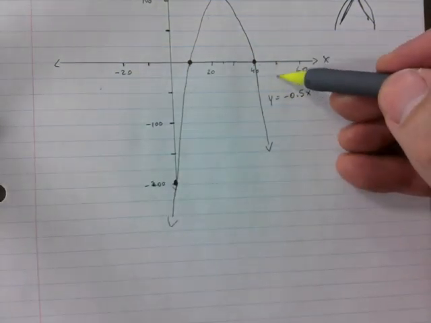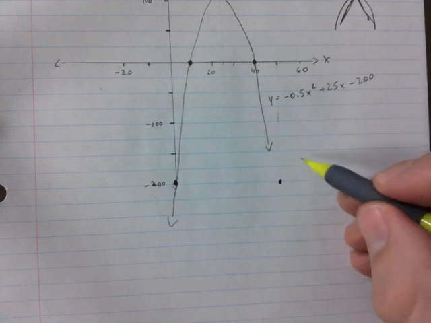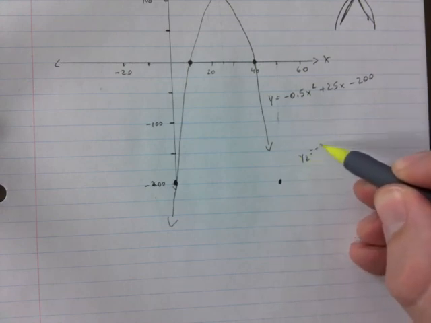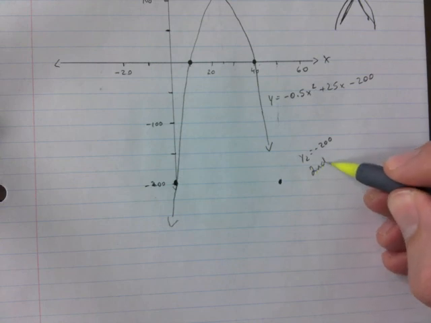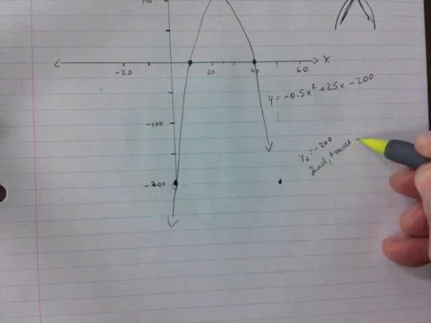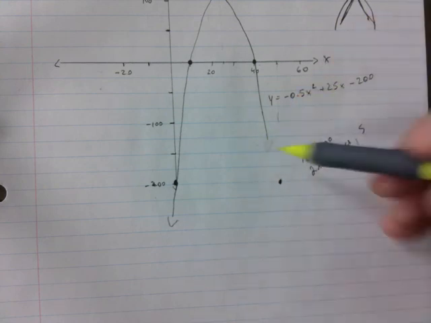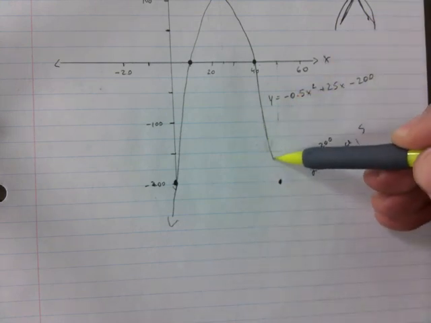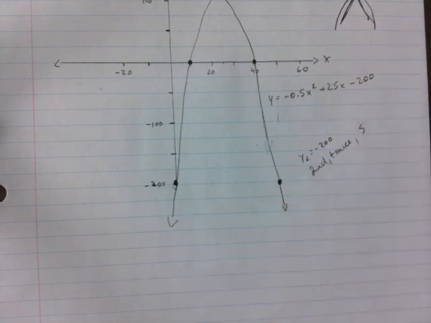So if you wanted to know exactly, this would be it right there. I went y2 is equal to negative 200, and then I went second trace 5. That will come in handy later. Right now, you shouldn't worry about it too much.